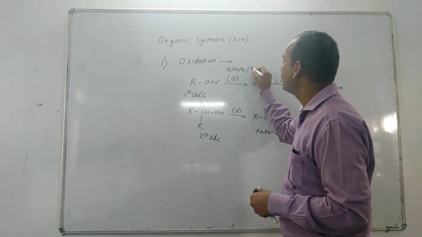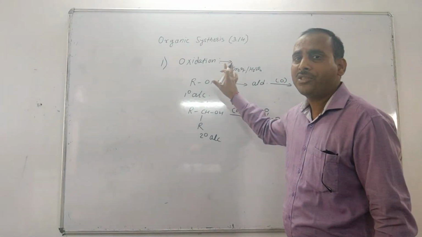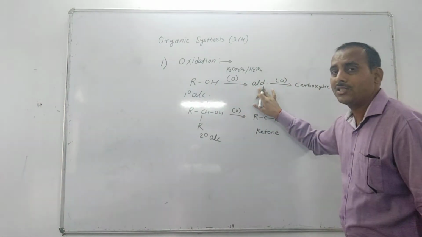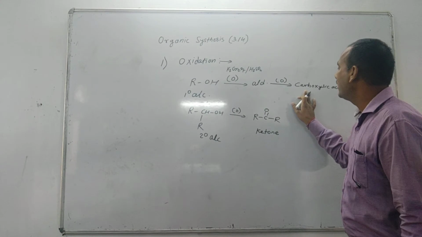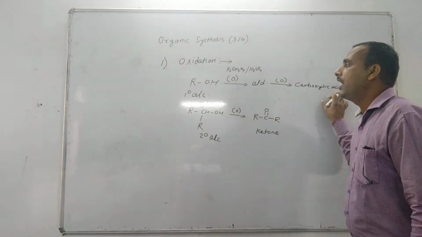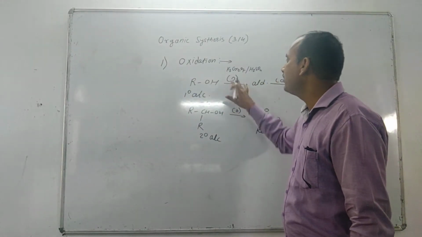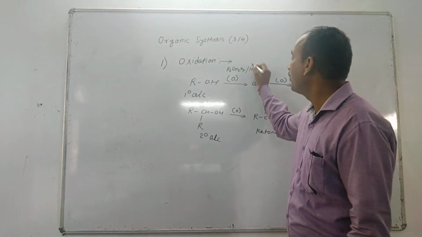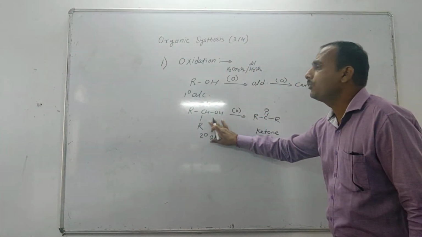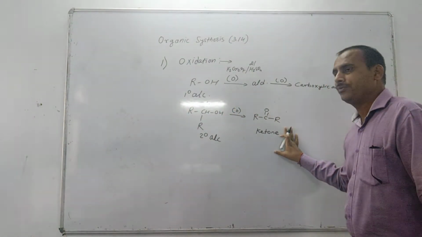K2Cr2O7 acidified, meaning in presence of dilute H2SO4, potassium dichromate oxidizes primary alcohol to aldehyde and it further oxidizes aldehyde to carboxylic acid. Again, if we use the same reagent, potassium dichromate in dilute H2SO4, then the secondary alcohol is oxidized to ketone.